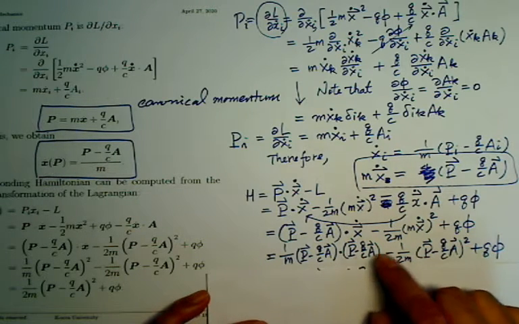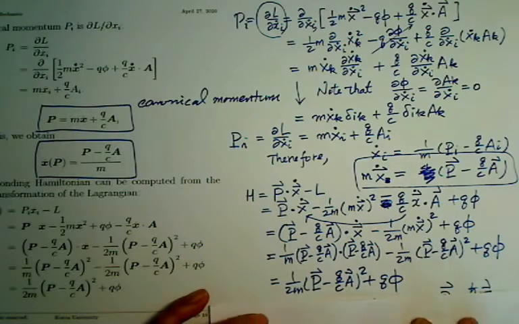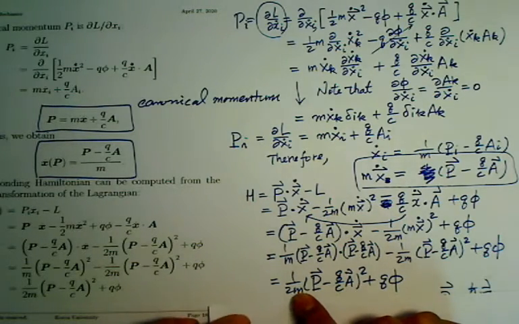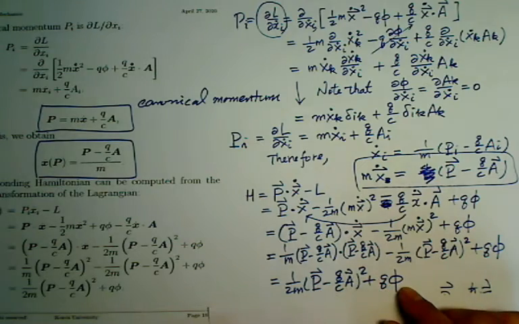These two are the same except for the factor, so they cancel partially. We end up with the Hamiltonian, which is 1 over 2m times p minus q over c A squared, plus q phi.